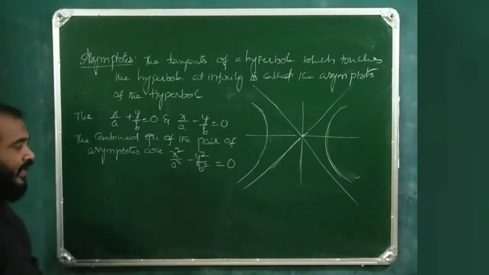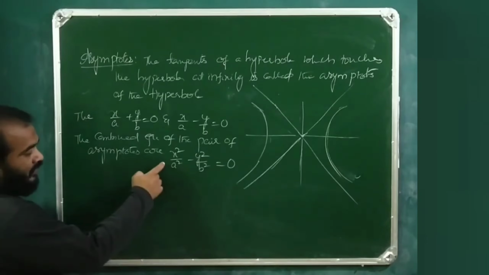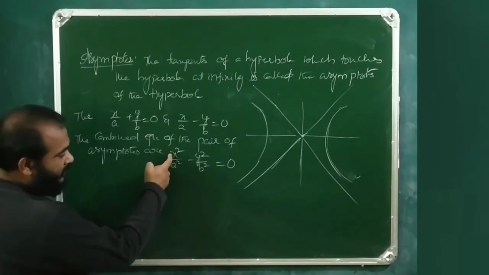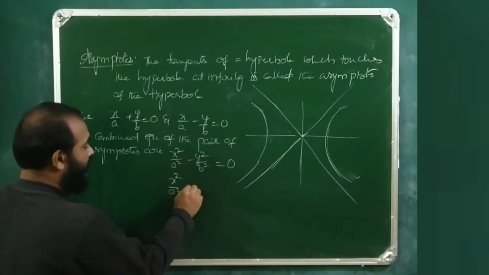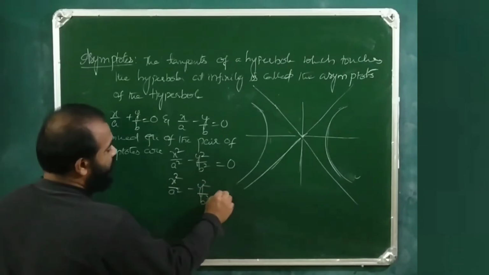So we can observe that the hyperbola is of the form x square by a square minus y square by b square equals 1.